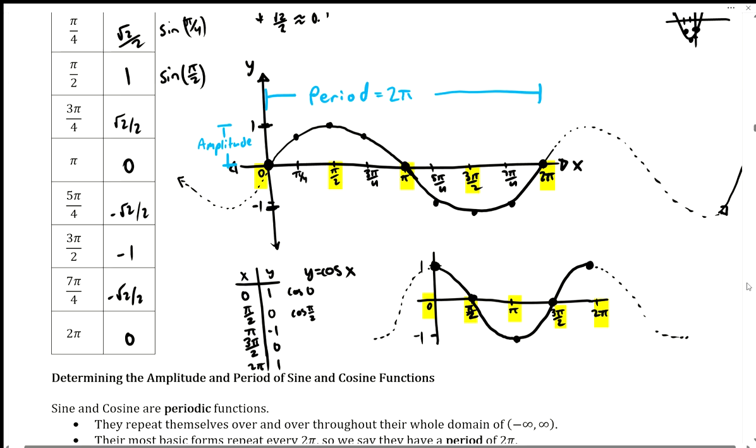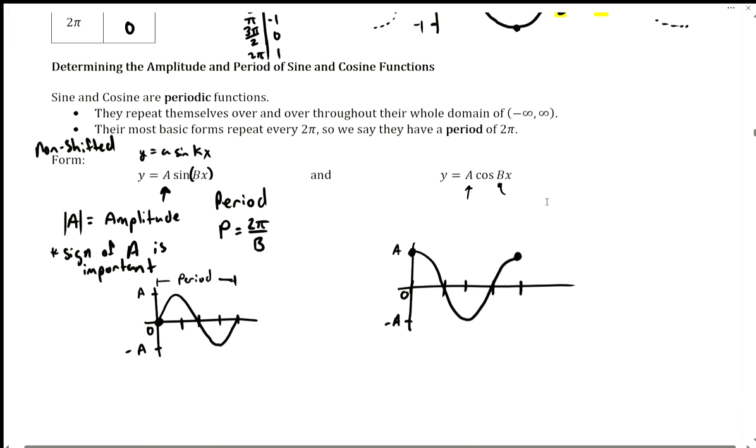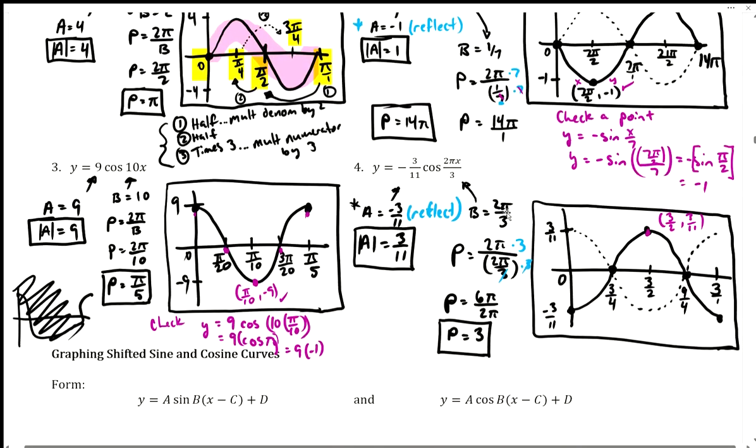I'm going to add to it, because if my period's a length of 2 pi in this problem, I would know where that x coordinate is. I just need to add another 2 pi. So that would be 4 pi. Okay, and then we could figure out these ones with just arithmetic as well. Okay, so just in case they do want more points, it is just a little bit of arithmetic.